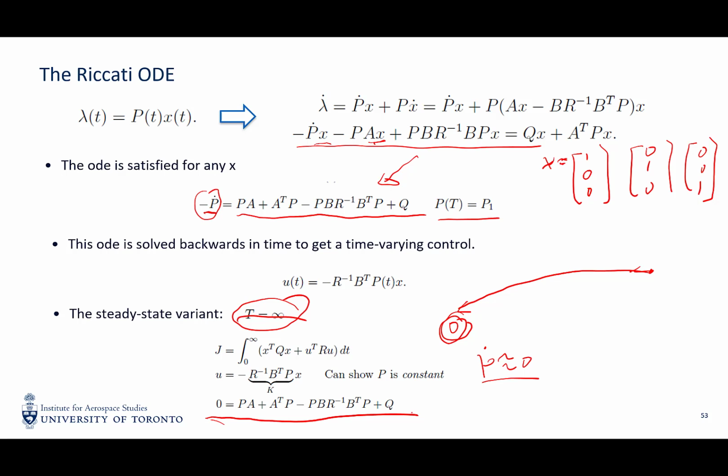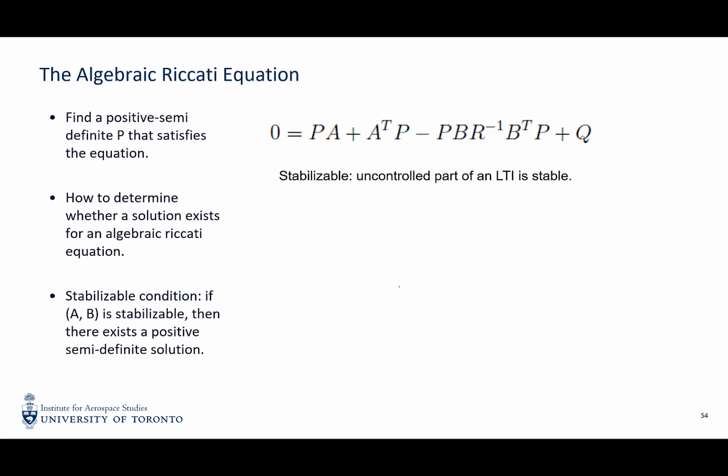And then now the only problem is how to solve this Riccati equation to get P. If we have P, and we replace the P(t) here with the constant value P, we get the LQR feedback. So now the problem is how to find such a positive semi-definite P that satisfies this equation.